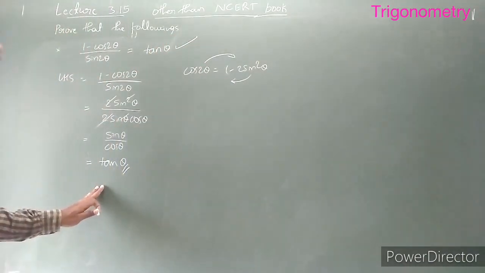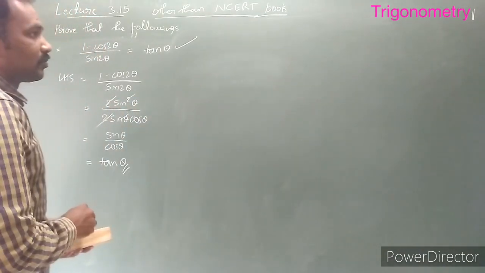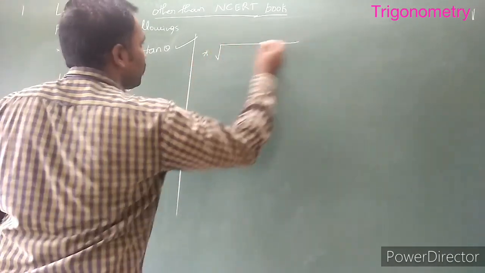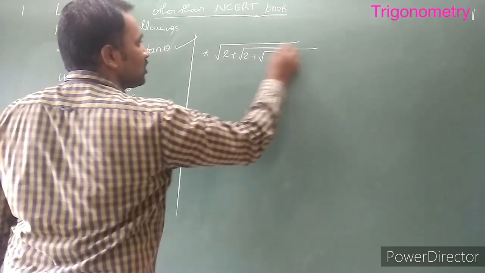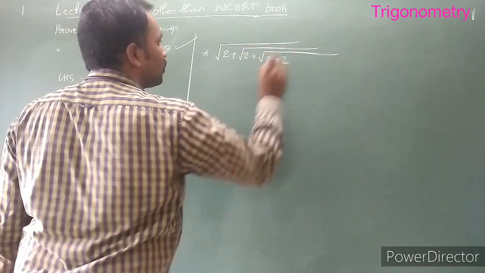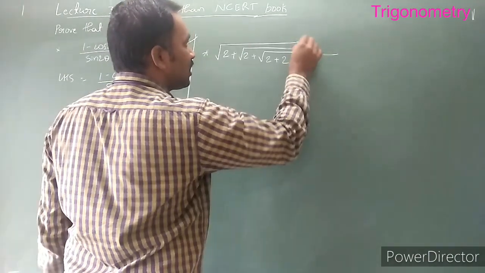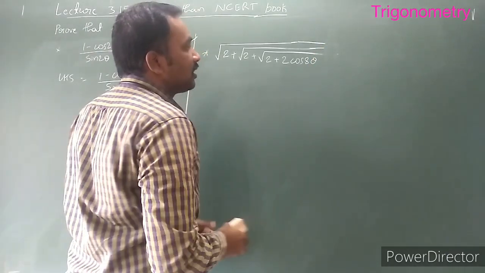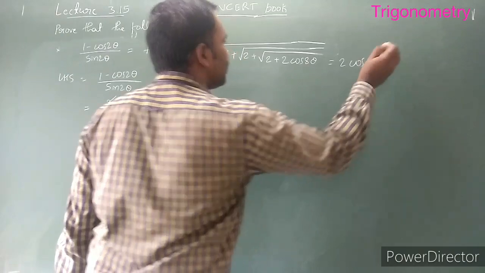Now the next one is a very important type of problem. Square root of (2 plus square root of (2 plus square root of (2 plus 2 cos 8 theta))) is equal to 2 cos theta.